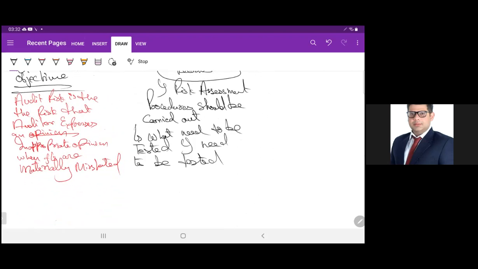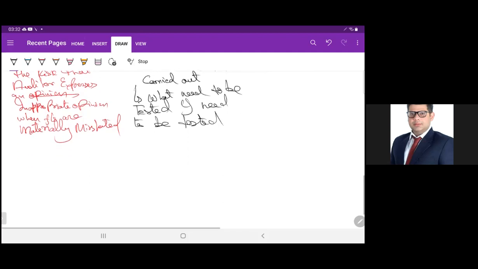Well, the fundamentals of audit risk, which we studied from the Audit and Assurance FA and AA level, remain the same, right?